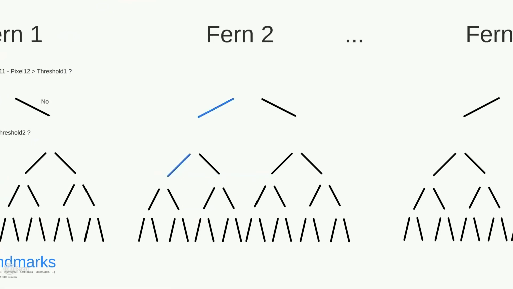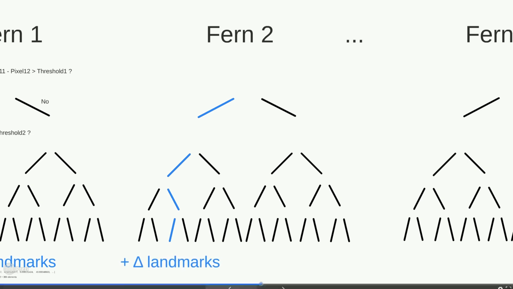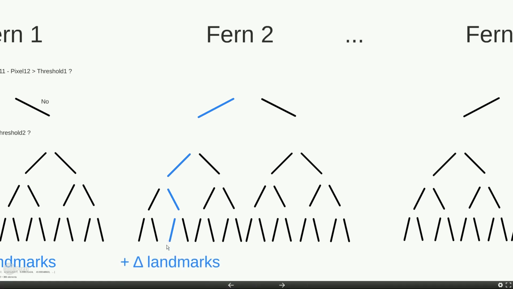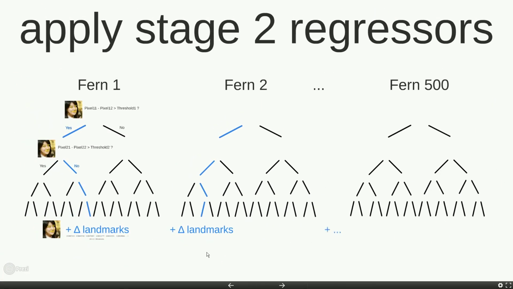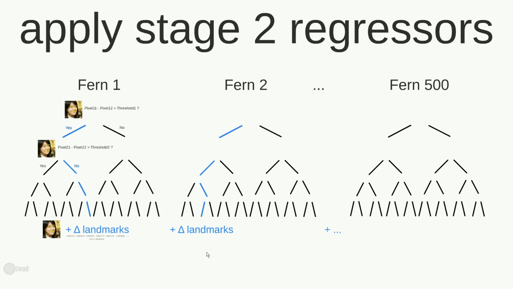And for Fern 2, similarly, at each level we ask a different question, which is also different from Fern 1. We use different pixels selected from the 400 pixels. And we traverse this fern, and we find a different delta landmark. And we also add this delta to the current shape. And it goes on and on until we get to the 500th fern.